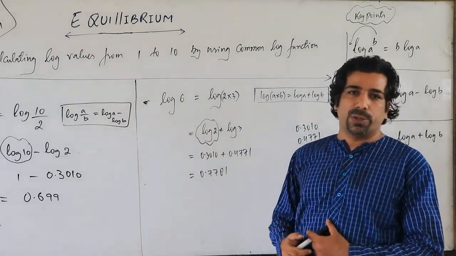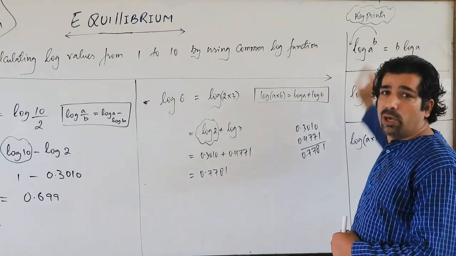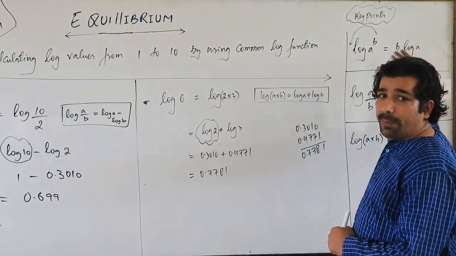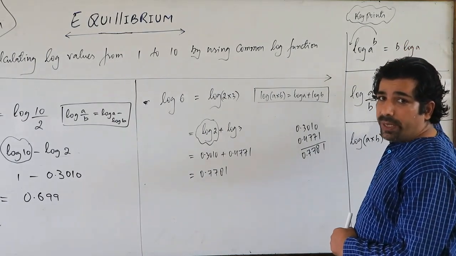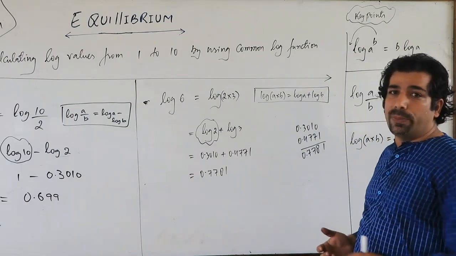I hope you have understood, my dear friends, and that you have remembered these expressions. Log a to the power b is b log a, a upon b is log a minus log b, and when it's a multiplication, log a into b is log a plus log b.